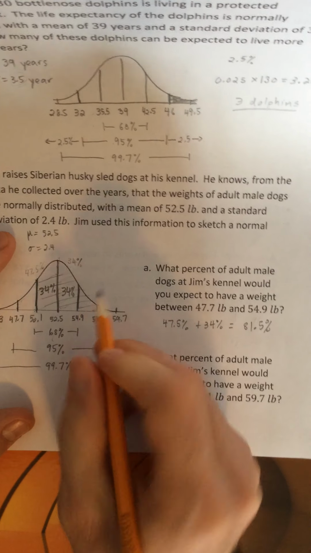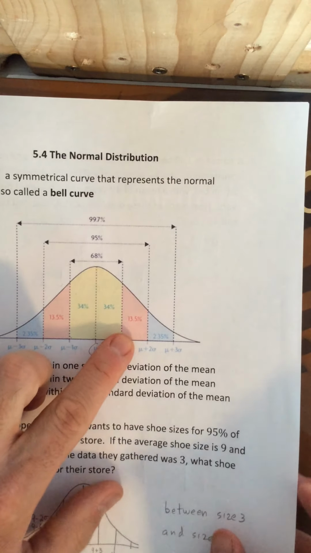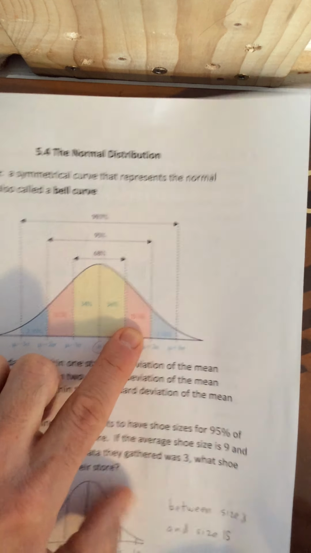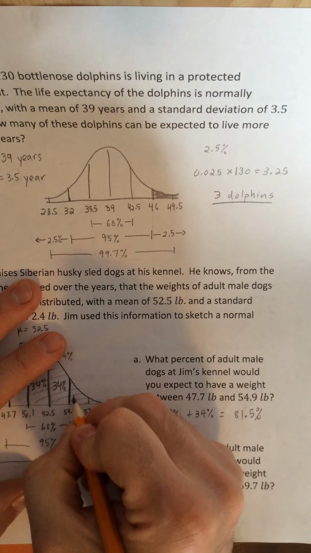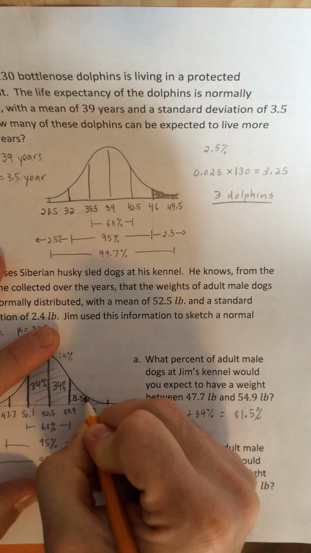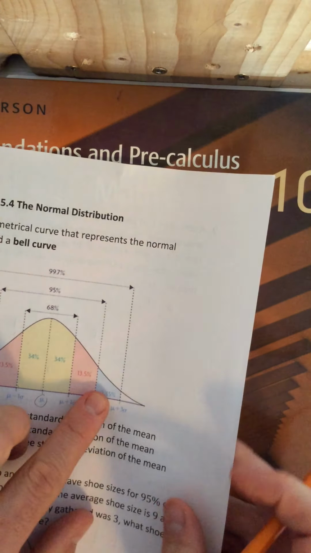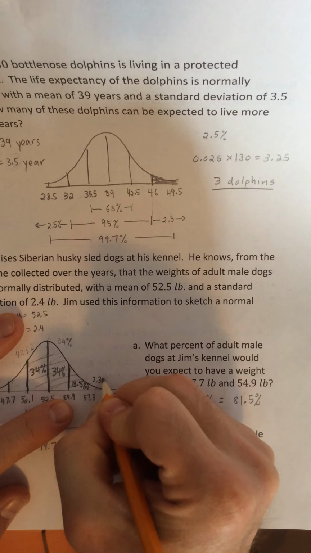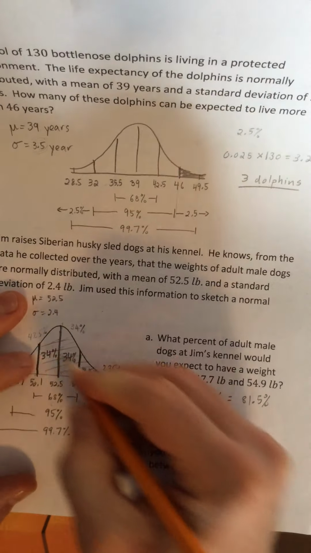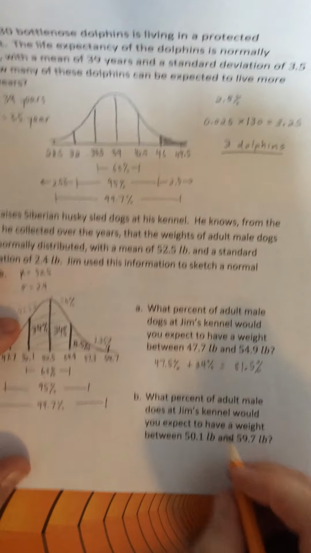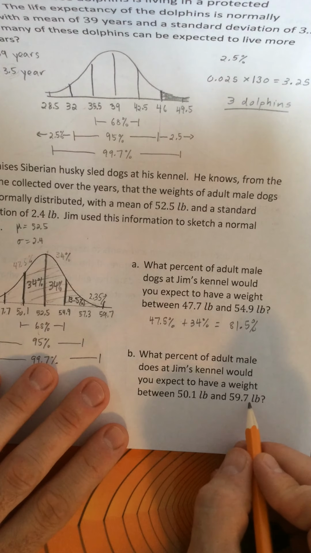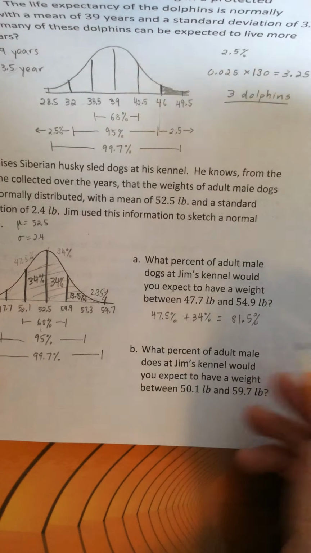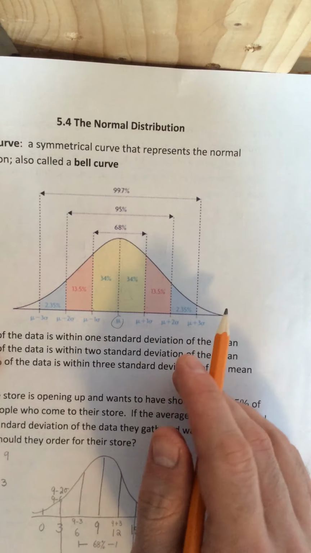And if you look on this side, and it may be helpful to use these little percents here, this is 13.5%, and this is 2.35%. Now, if you add all these percents together, you're going to get the percent that are between 50.1 and 59.7. So there's 2 strategies that I'm showing you here to use. One is to use all these little percents.